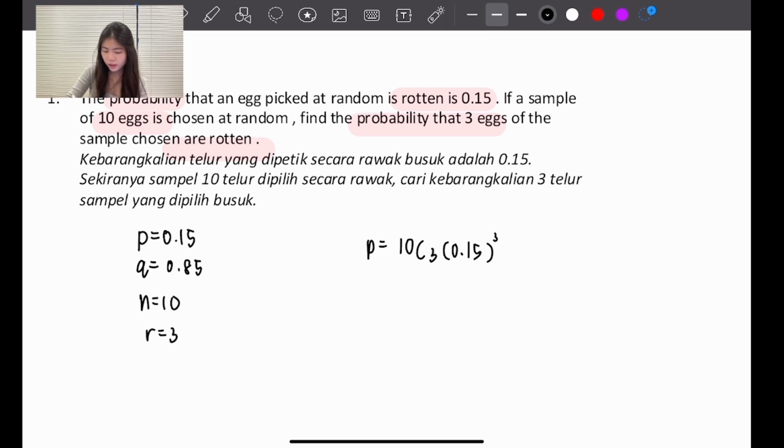And next, we write down the probability of failure, which is 0.85 to the power of 7. If you calculate correctly, the answer will be 0.1298.